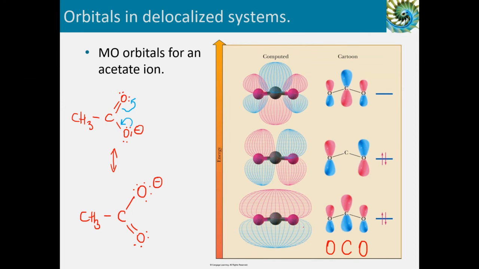So that means there must be at least 2 extra electrons present on either one of those two oxygens, either on this one or this one. These are the 2 extra electrons that give you the negative charge. What you see on the right side are 3 different possibilities for the electron distribution.